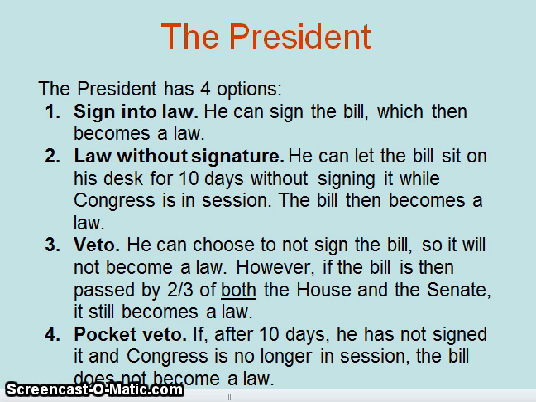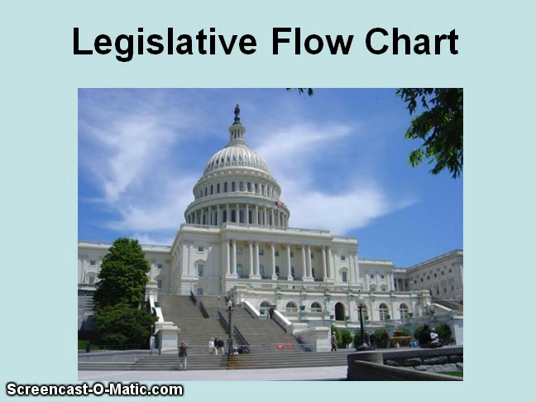If, after 10 days, the president has not signed a bill and Congress is no longer in session, the bill does not become law. So there are very few times when the president actually has the opportunity to use the pocket veto. A president would use the pocket veto for the same reason why the president would allow a bill to become a law without signature.